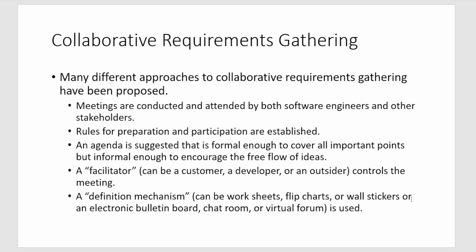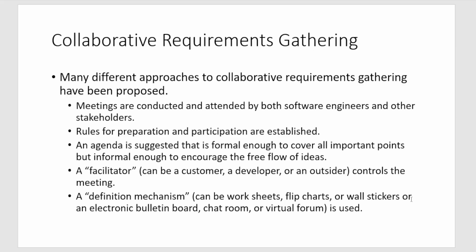Third, an agenda is suggested that is formal enough to cover all important points, but informal enough to encourage the free flow of ideas. We should have both: keep it on track as well as generate new ideas. There should be a facilitator that controls the meeting, and a definition mechanism that can be used.